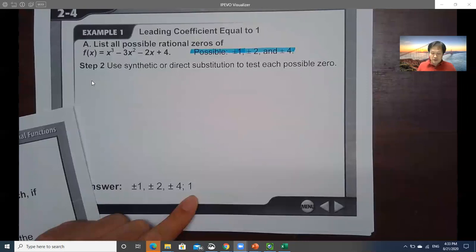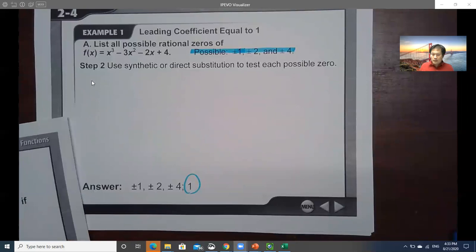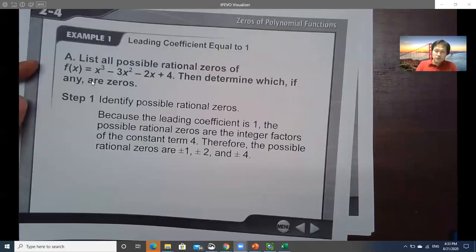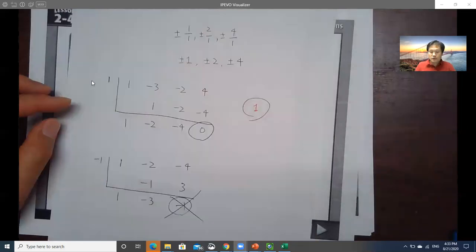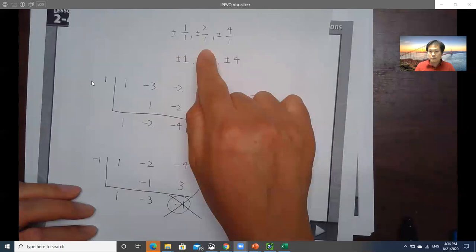Everything else is just a possible rational zero, but the actual answer is only one, which is 1. As you saw, I only did 2 numbers. You are supposed to do synthetic division for all 6 of them.